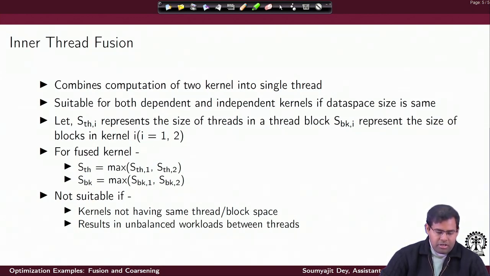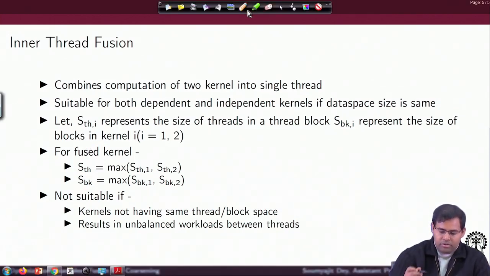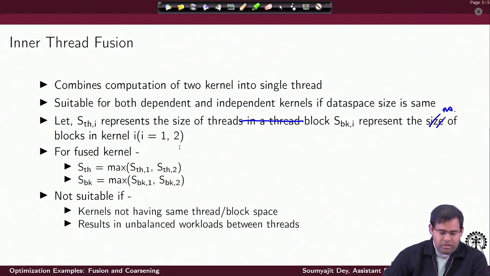Consider that STHI represents the size of threads in a thread block, that is, the thread block size, and SBKI represents the number of blocks in kernel I. So, when I fuse them, I have to set the number of blocks and the number of threads per block.